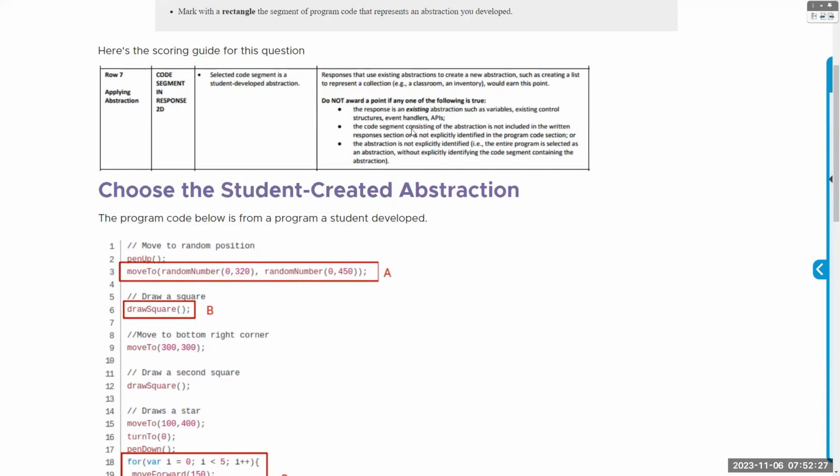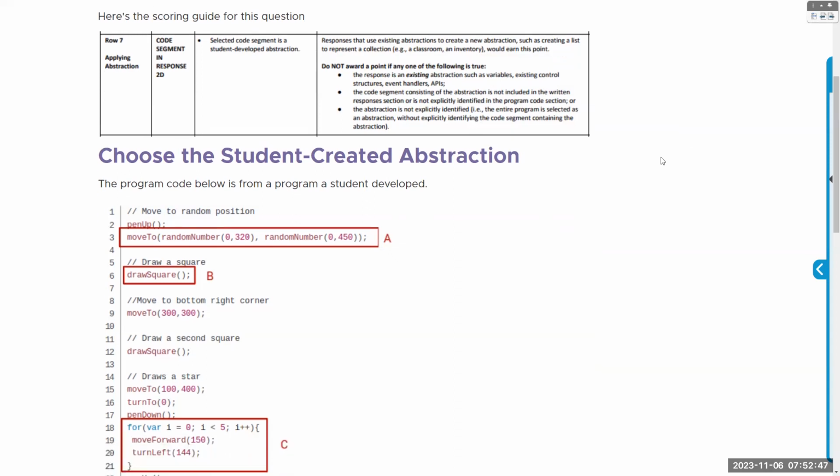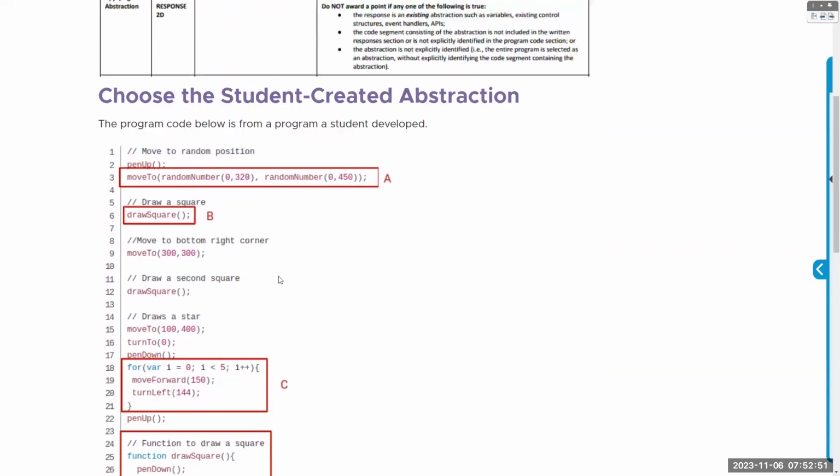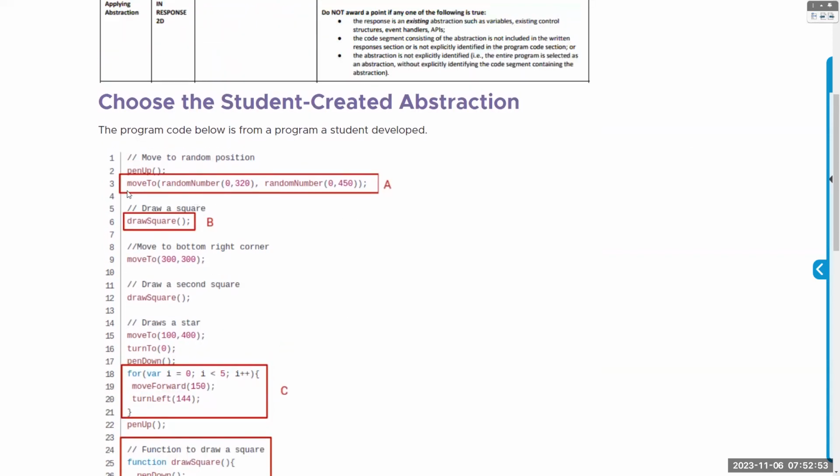In order to know that, you'd have to know all the things that don't count, like using variables, existing control structures, which count as loops, and event things that code does for you. And we'll, again, in the spring, figure it out in detail. But here, the turtle movements, well, the correct answer is D. We'll talk about why the other ones are wrong.